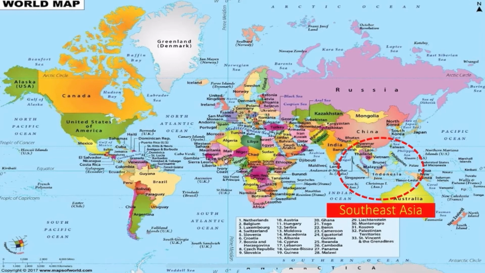The region is bounded by the Bay of Bengal in the west, the Indian Ocean in the south, the South China Sea in the center, the Philippine Sea, and the Pacific Ocean in the east.